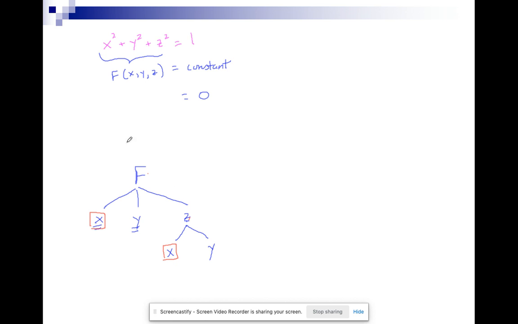Which is a little weird, but we did that exact same thing before. So we're going to say, well, technically times dx over dx. Right?